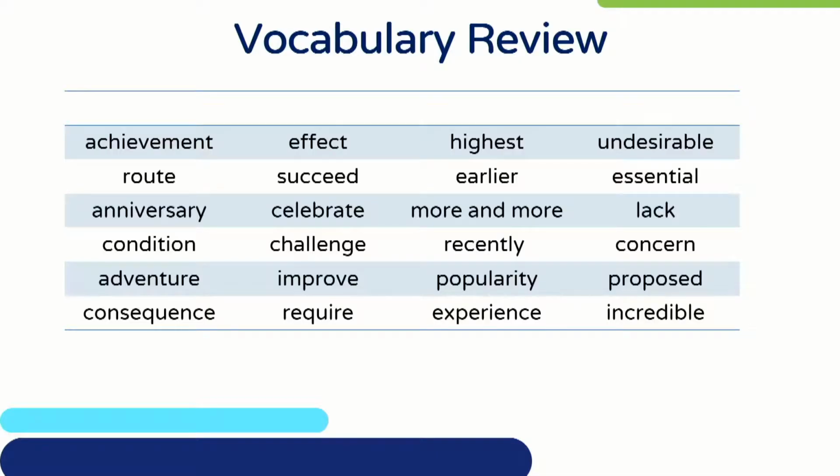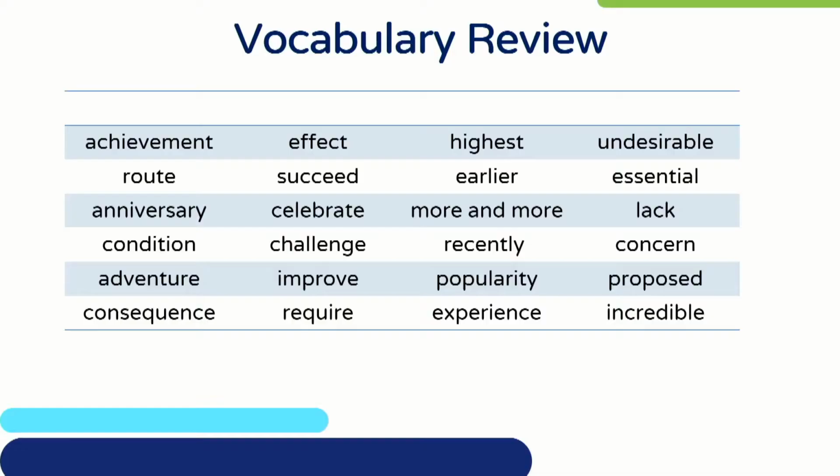We see the popularity from how many people go to try and climb this mountain. Experience is what you gain when you do something. Undesirable are things that you don't want. Essential are the things that you have to have. A lack is what you don't have. Concern is to be worried about something. Proposed, we talked about in detail, making suggestions or a suggested something. And incredible is going to be something wonderful.